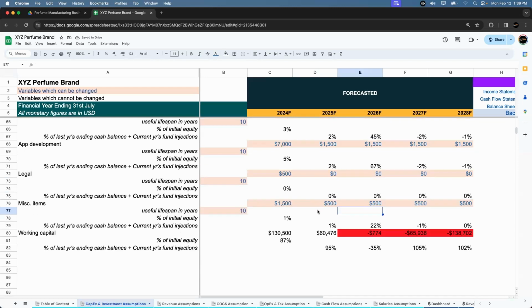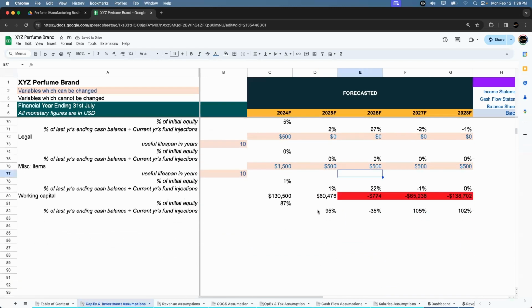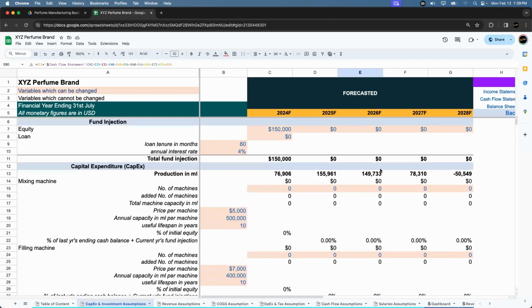So in spite of this we have a negative working capital by the third year. So by the third year, the business becomes unsustainable. We're going to explain why and how to basically fix this. The business can become unsustainable for a bunch of reasons. One of the reasons could be your product is not profitable. The second reason is that your product is profitable, but you are spending a lot of money on unnecessary expenses. The third reason could be your investment figure is not sufficient.